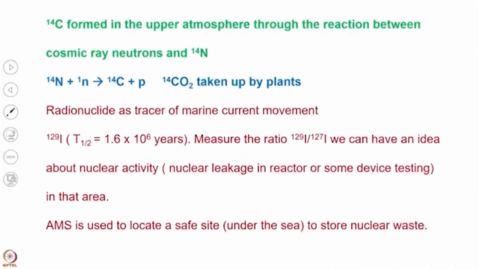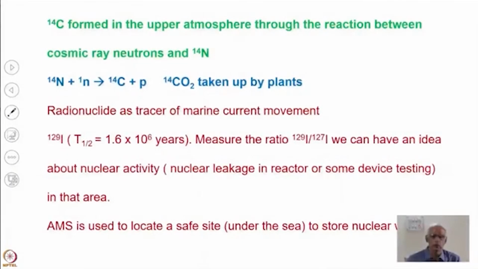Carbon 14 is formed in the upper atmosphere through the reaction between cosmic ray neutrons and nitrogen 14. So this is the reaction, and this carbon dioxide with carbon 14 is taken in by plants as long as they are alive, so there will be a certain amount of carbon 14 there.